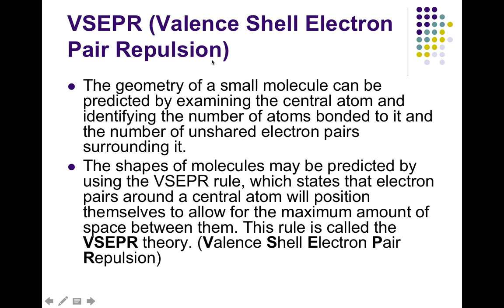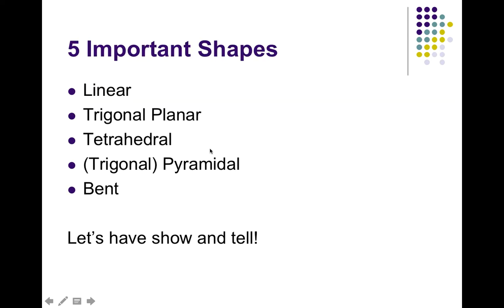So those 4 bonds that we see in the 2-dimensional drawings are going to be as far apart as possible. So we don't just name the shapes willy-nilly. We have 5 shapes that we have to know the names of, and we have to know what atoms form those shapes. And again, we're just looking at very small molecules with 1 or 2 central atoms.